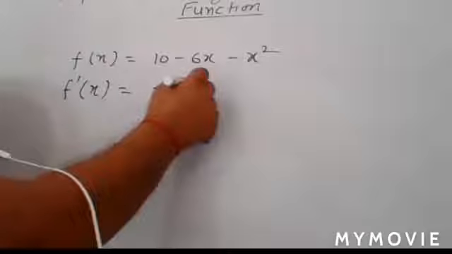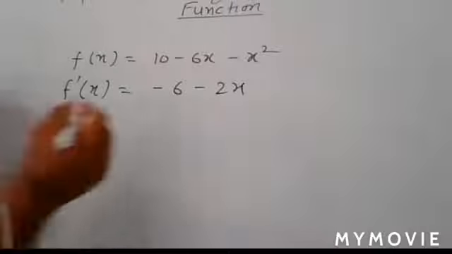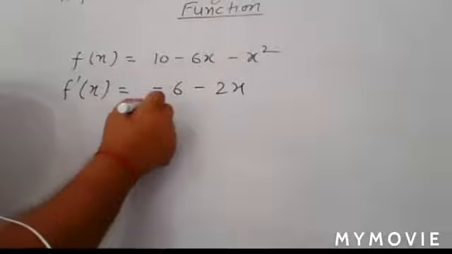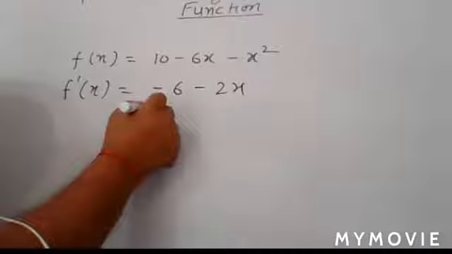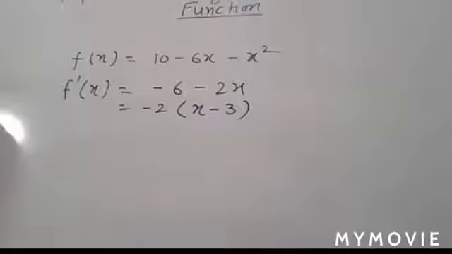Now you have to reduce this complete function in the form of factors in which the coefficient of x is positive. Understand? So what you do? Here you take minus 2 common.